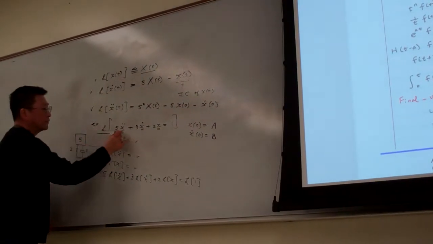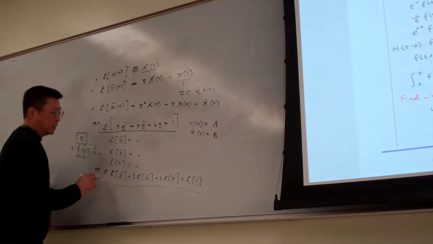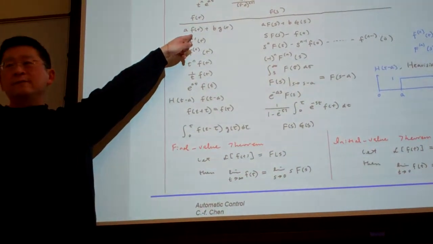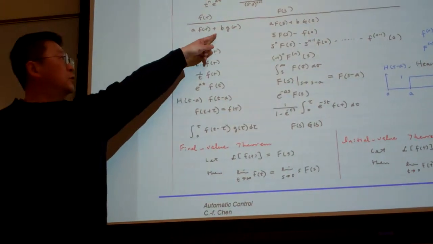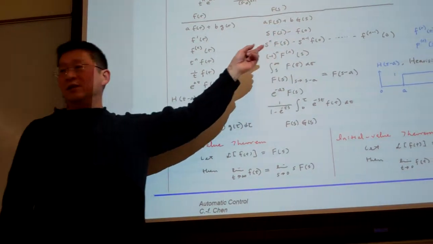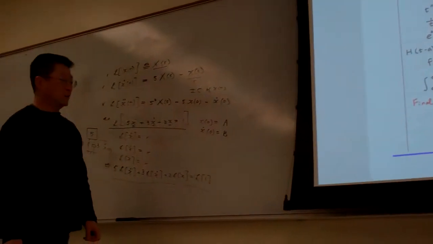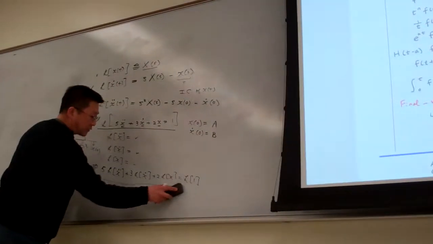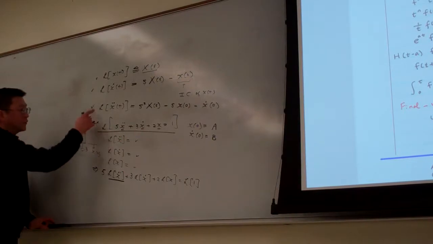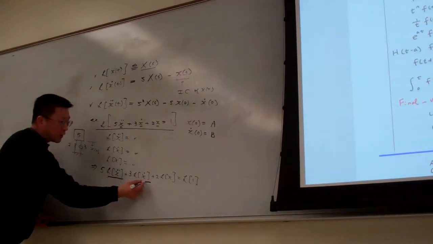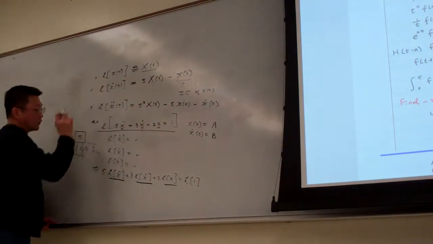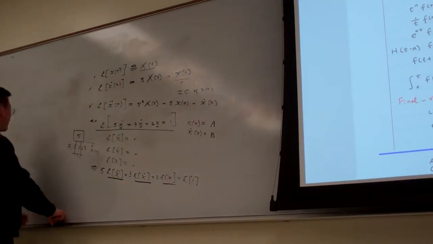From here to here, I applied the first property: a linear combination in the time domain, after the Laplace transform, is still a linear combination in the s domain. Then we simply plug in each individual one. This one is available here, this one is available here, and this one by definition is this one. So we simply plug in and see what happens.